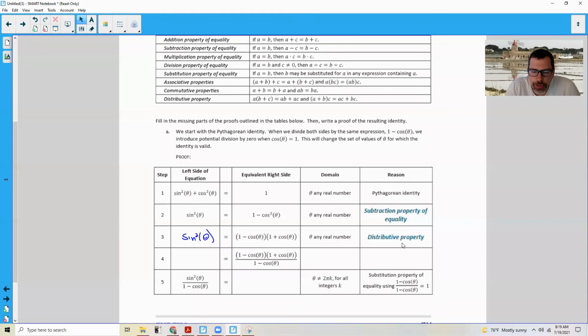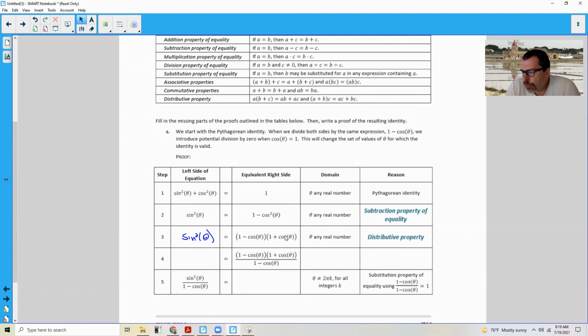Okay, so that's a distributive property. So if I were to distribute this now, 1 times 1 is 1. 1 times cosine theta minus 1 times cosine theta cancels, and a negative times a positive is negative, and cosine theta times cosine theta is cosine squared theta. So that's the distributive property in reverse, if you will.